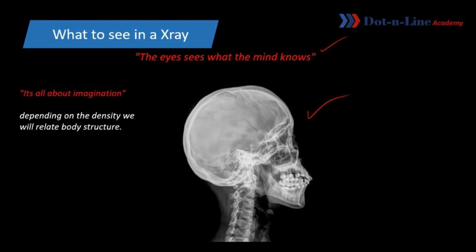If you take this film to a layman and ask them to tell about these structures, most they can tell you is what it is. Like he or she can say it is a head, or if they were very smart, they will say these are teeth, not more than that. But you, being a learned person, your mind knows more.